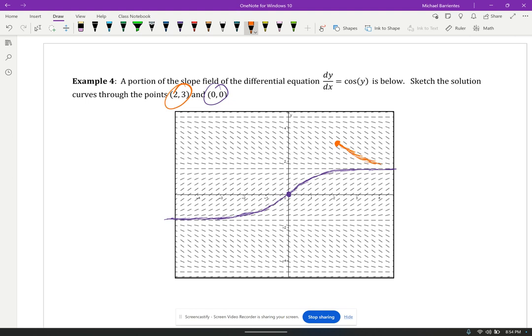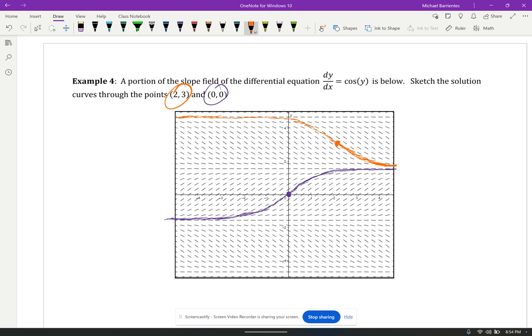Follow the direction of the lines, and then remember this was a horizontal asymptote, so it's going to flatten out. And then on the other side, follow, follow, follow. Don't go against them until you get to here. And again, don't stop there. Take it all the way to the edge of the grid. And that'll be something like that.